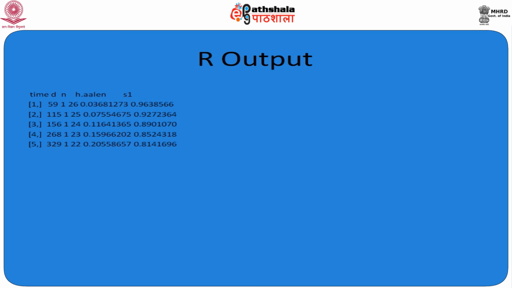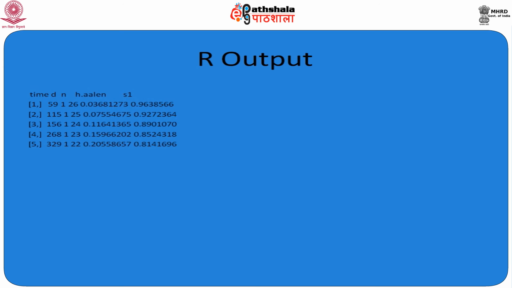The Nelson-Aalen estimator for the first 5 time points we are giving in the next slide by Aalen.est of 1:5. Here you can see for time points 59, 115, 156, 268, 329, the number of patients who died is 1, 1, 1, 1, 1, and the number of patients at risk were 26, 25, 24, 23 and 22.